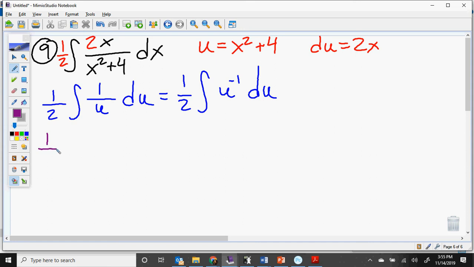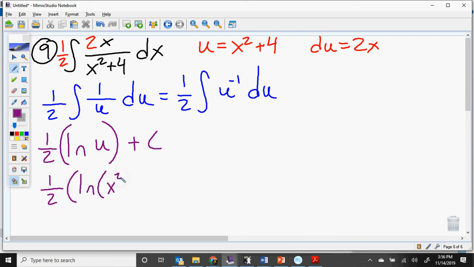So this is 1/2 natural log of u plus c, which is 1/2 natural log of, our u was x squared plus 4. And if I look at my answer choices, that matches up to answer choice C.